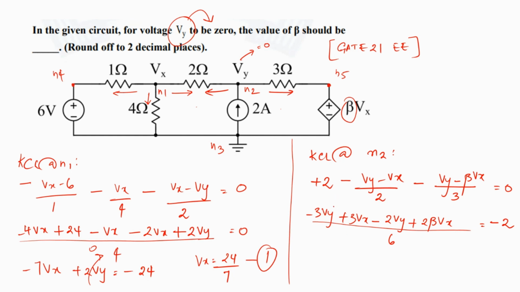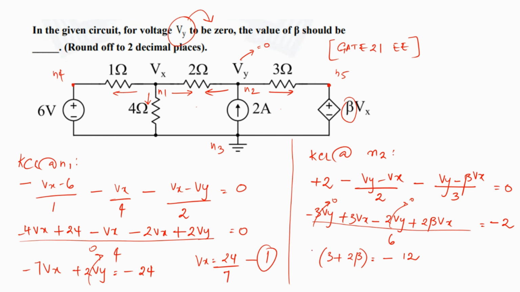Let me consider that Vy is 0 over here. So what I will get is Vx times 3 plus 2 beta is equal to minus 12. Now, in place of Vx, if I replace 24 by 7, so what would I get?